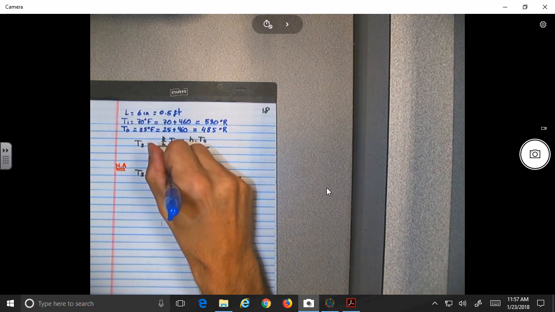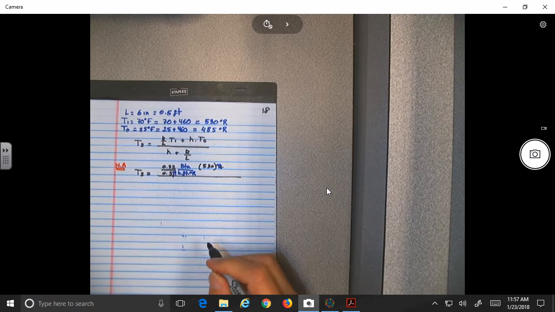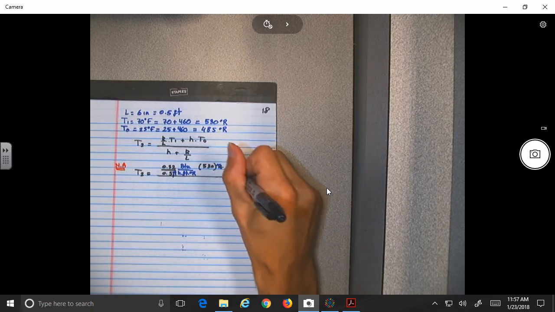And this is by feet, okay? So I put the units, I need to put them everywhere.